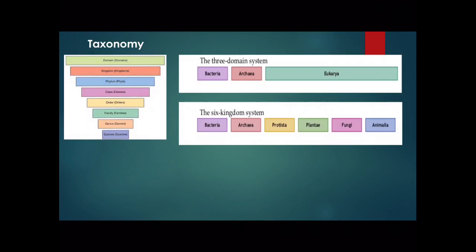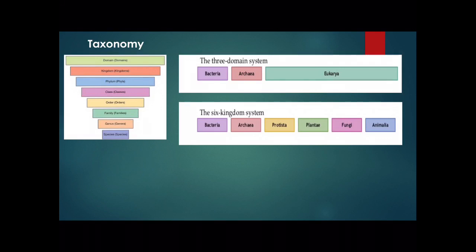The next kingdom we have is archaea, and that falls underneath the archaea domain. So you can see how bacteria and archaea are not only their own domains, they're their own kingdoms. Eukarya, however, contains 4 of the 6 kingdoms.